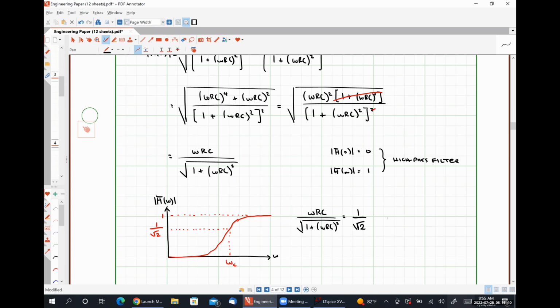And this happens when omega is also equal to 1 over RC. So if we sub in 1 over RC, we get 1 over the square root of 1 plus 1, or 1 over the square root of 2.